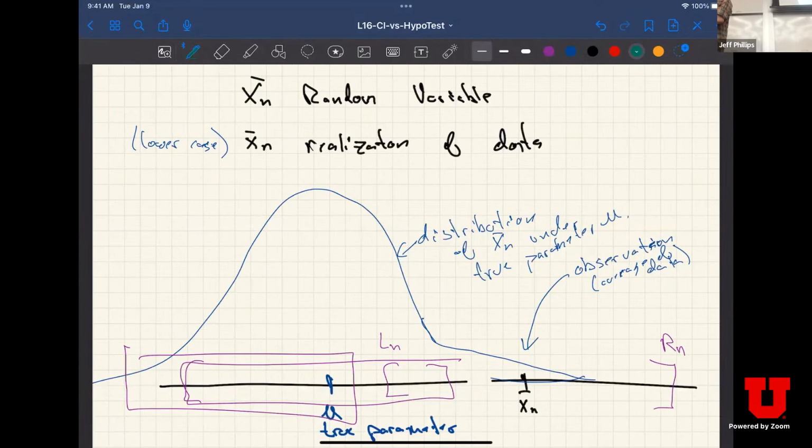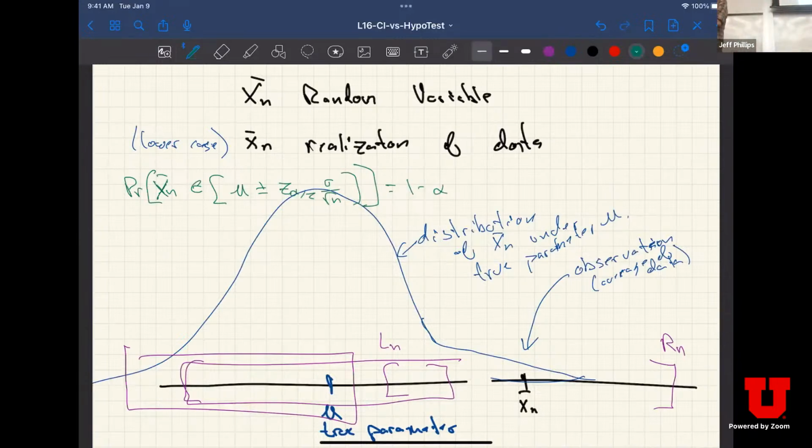I can say that the probability that xn bar falls in the interval of the true value mu plus or minus z alpha over 2 times the standard deviation of xn bar is equal to 1 minus alpha.